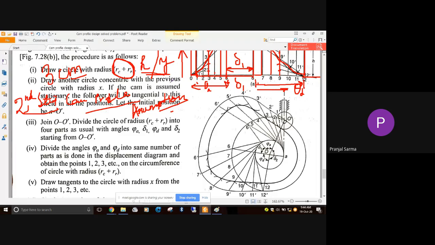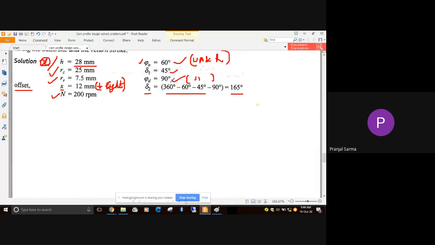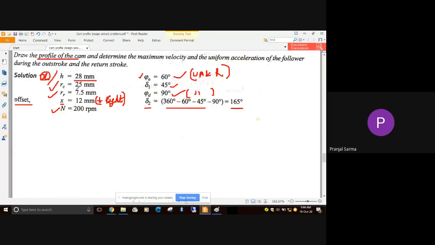What will be the value in our case? rc is given as 25 millimeter and roller radius is 7.5 millimeter. That means rc plus rr equals 32.5 millimeter.